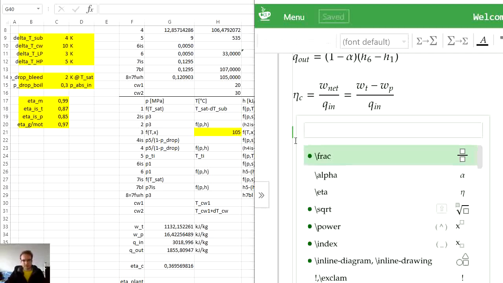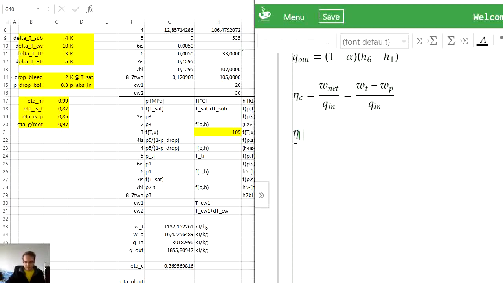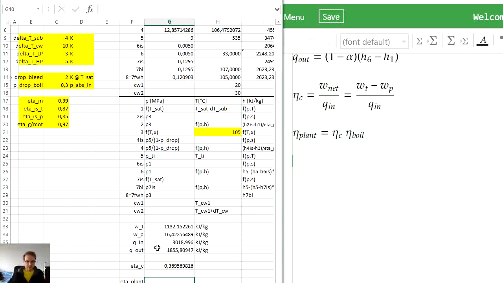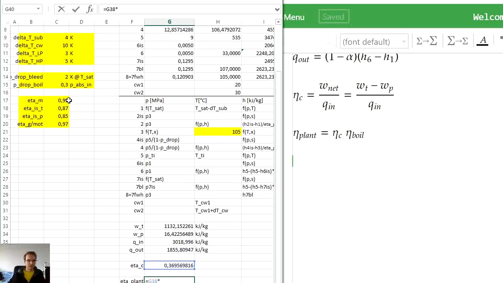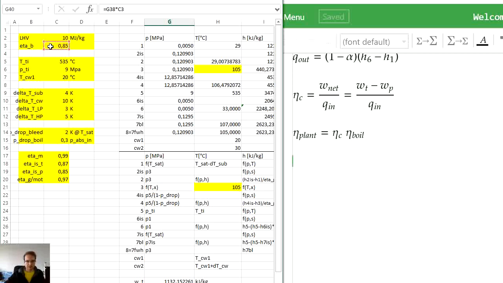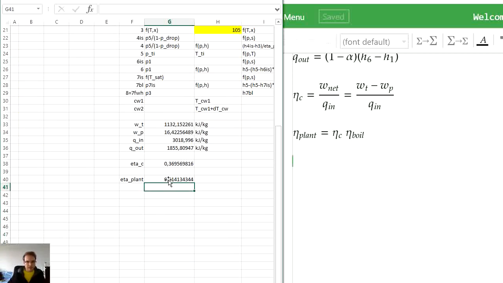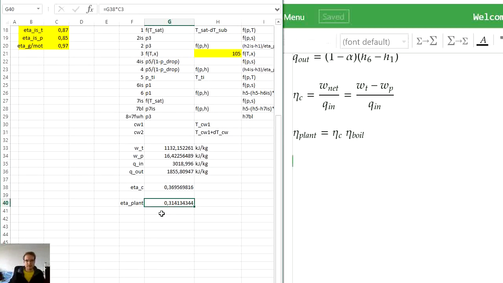The efficiency of the plant is the efficiency of the cycle multiplied by efficiency of our boiler, and we get roughly 31% as the overall plant efficiency.